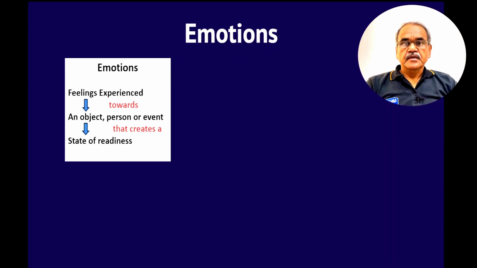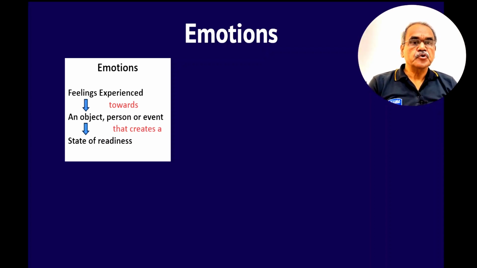Okay. So what are emotions? If you are talking about emotional intelligence, the first and foremost thing is to understand what emotions are. What do we actually mean by emotion? Emotions are feelings experienced in your day-to-day life, arising out of a number of situations. These feelings are towards what? An object, a person or an event.